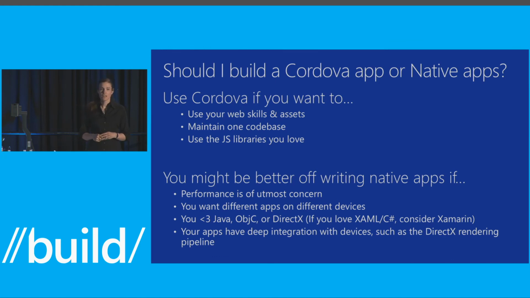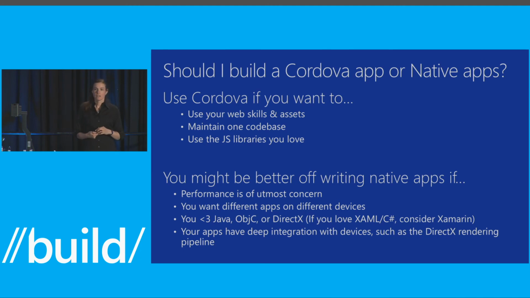So if you're thinking, I really need every last processor cycle, Cordova might not be the right choice for your app. But for a ton of apps, anything from casual gaming to line of business apps, where performance is not your first concern, Cordova is something you would want to consider.